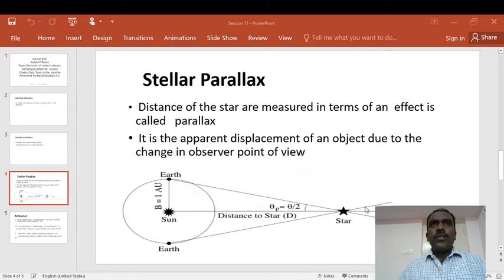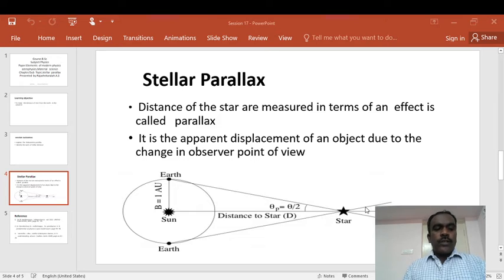We discussed the luminosity of the star. What is the luminosity? How much energy is radiated per second per unit area? What is a star? Stars are celestial bodies. Galaxies are groups of stars. You know that basic concept.